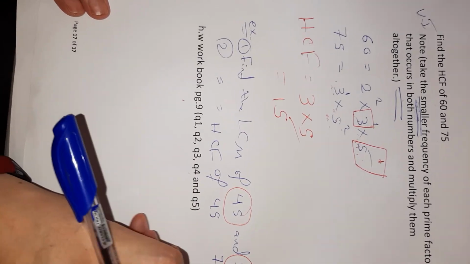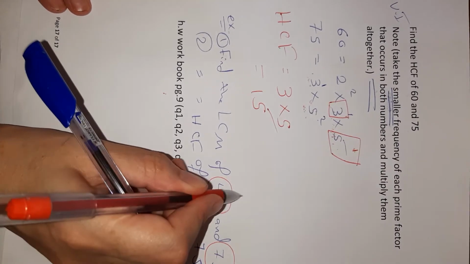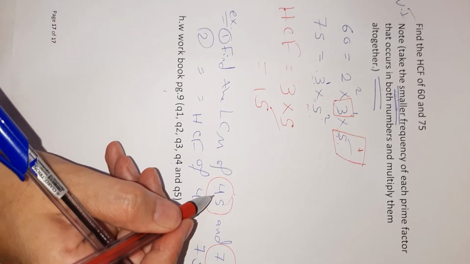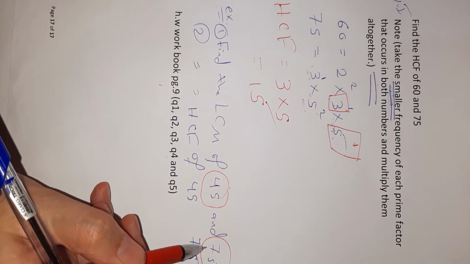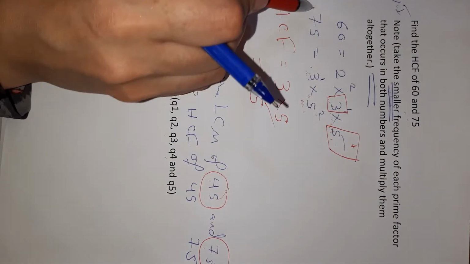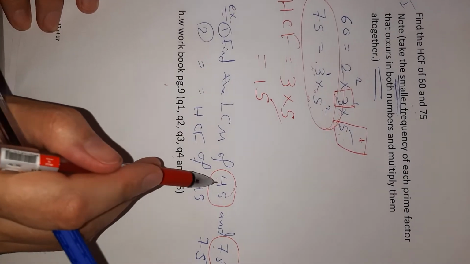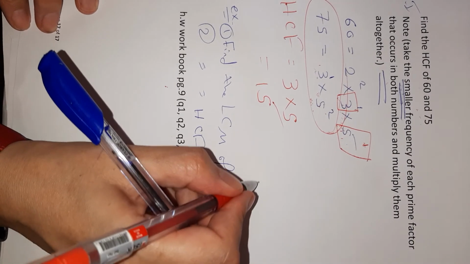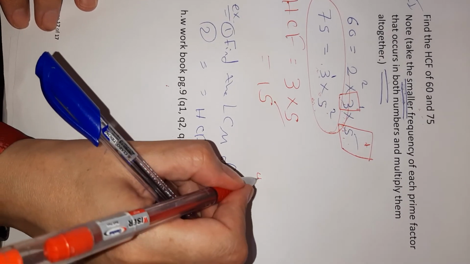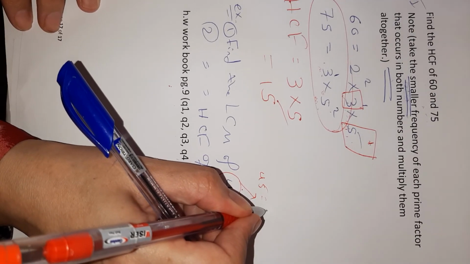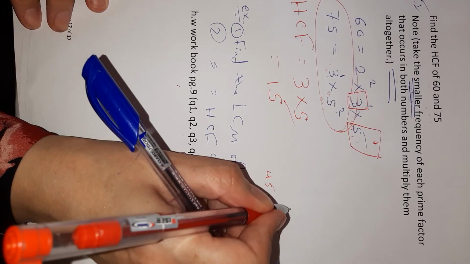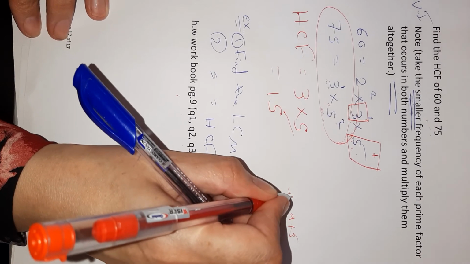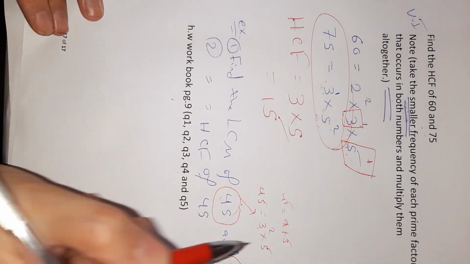Try to find the factor tree for 45. It's very easy. 9 times 5, 9 is 3 times 3. 75 also, we found it here. This is 75. I give you a hint: 45 equals 3 squared times 5, since 9 times 5 equals 45, and 9 is 3 times 3.